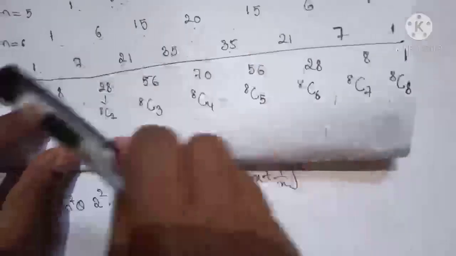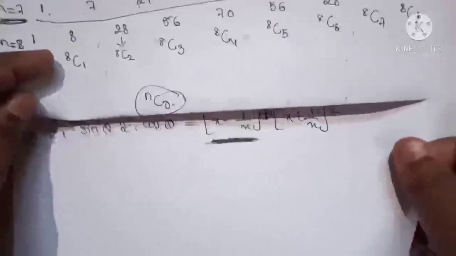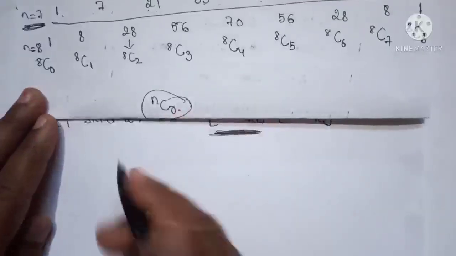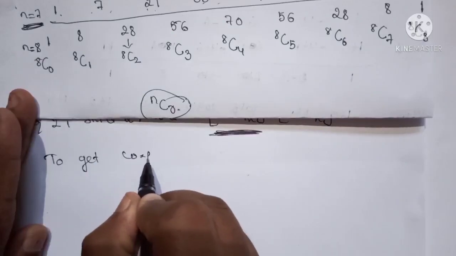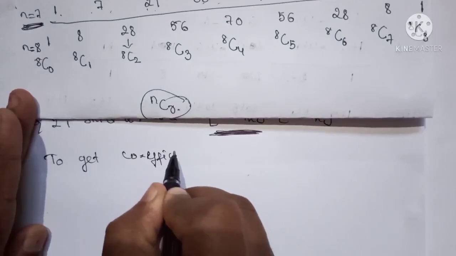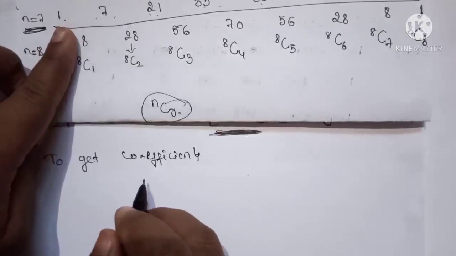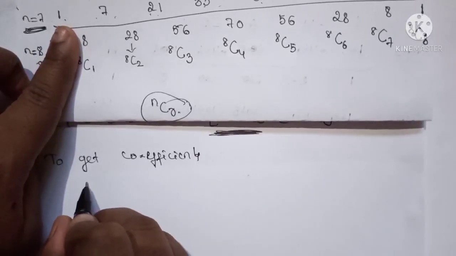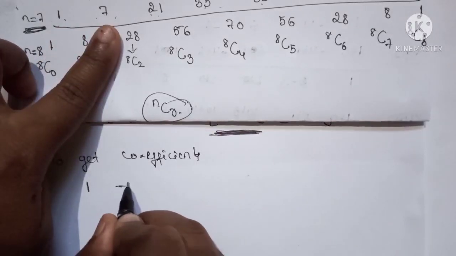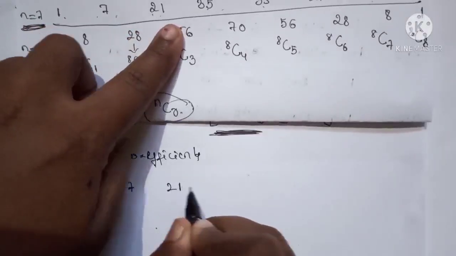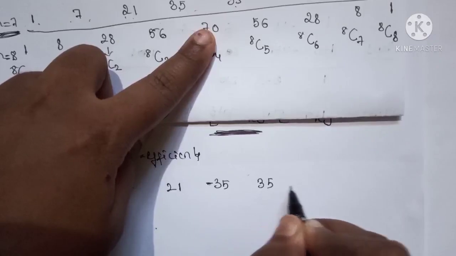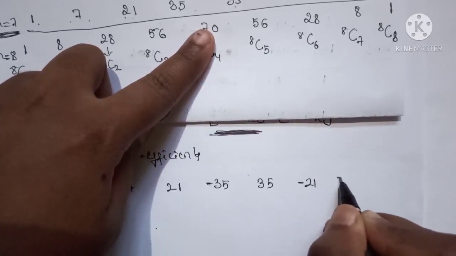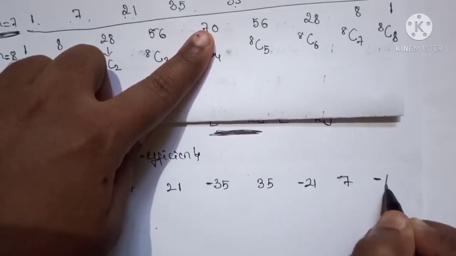Okay, first we place all the constants here. So to get the coefficients, we write these constants. First we take plus sign, then minus, plus 21 minus 35 plus 35 minus 21 plus 7 and minus 1.